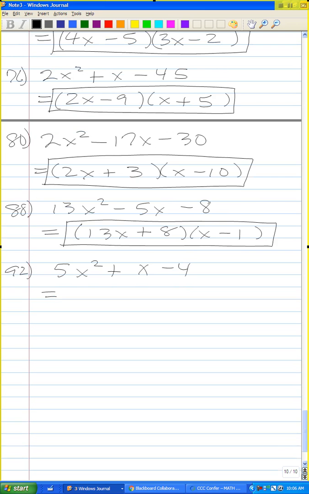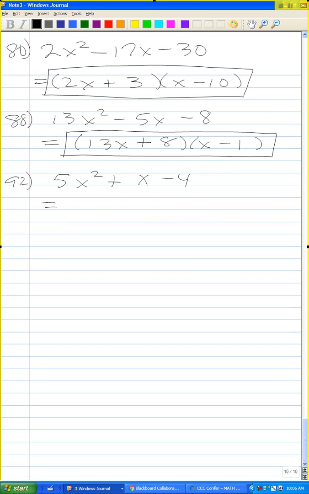So be sure that your factoring speed is quite quick. So 5x squared gives you 5x, x. Negative 4 gives you negative 4 times 1. And let's check. 5x squared plus 5x minus 4x is plus x minus 4. And you have factored this completely over the integers.